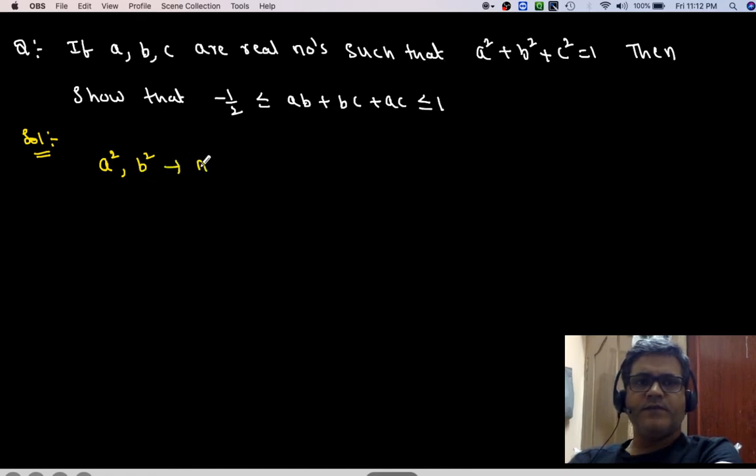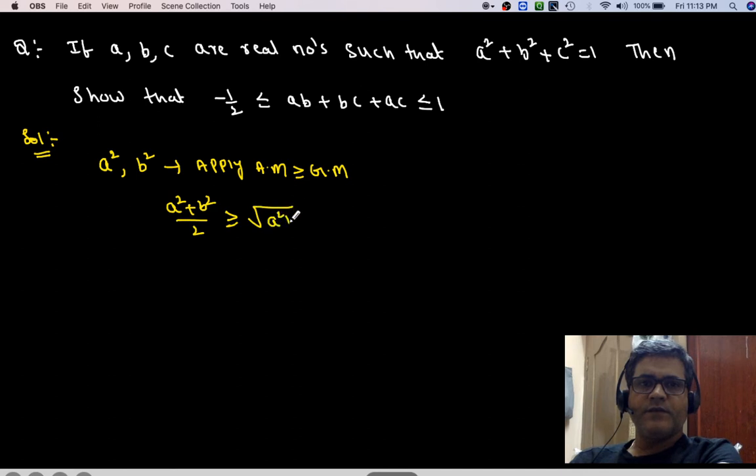Then what you get? A square plus b square by 2 is greater than or equal to square root of a square b square. That is, a square plus b square is greater than or equal to 2 square root of a square b square, which is 2ab.